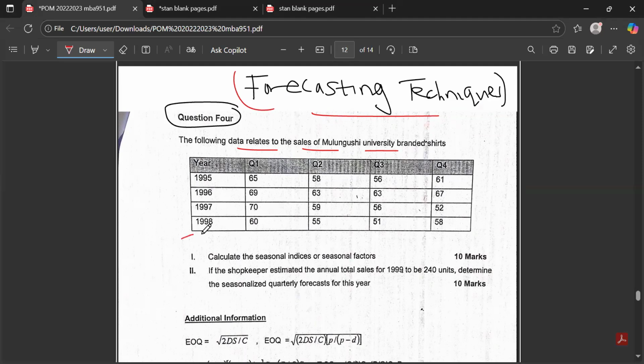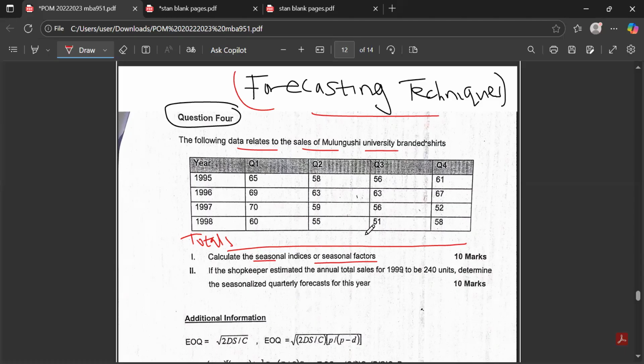So quarter totals, calculate the seasonal index or the seasonal factor, 10 marks. So we need to find the totals, and after finding the totals, then we're supposed now to find the seasonal indices or indexes.